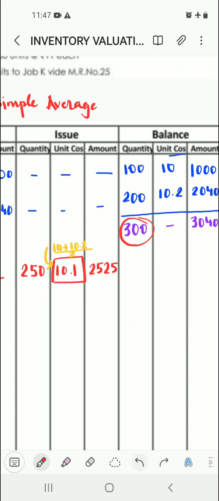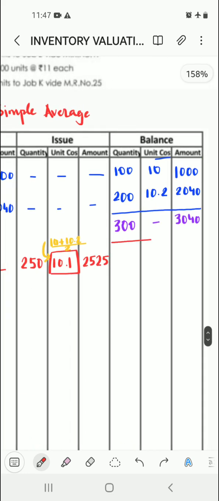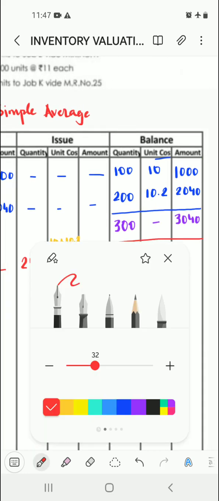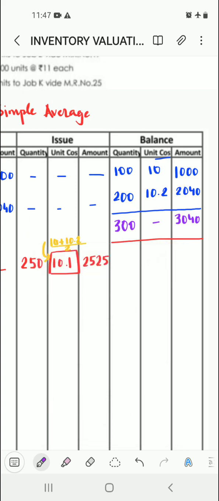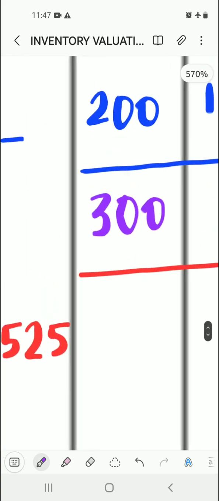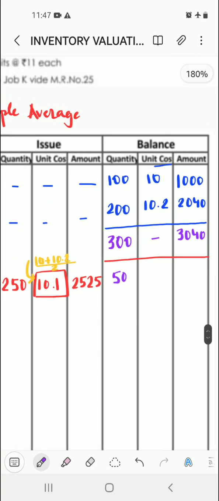So what are we left with right now? We are left with only 50 more units. So the balance that we have will be 300 minus 250, that is 50 units. And the amount we will be left with will be 3040 minus 2525.